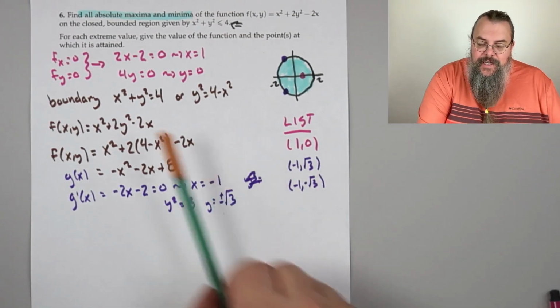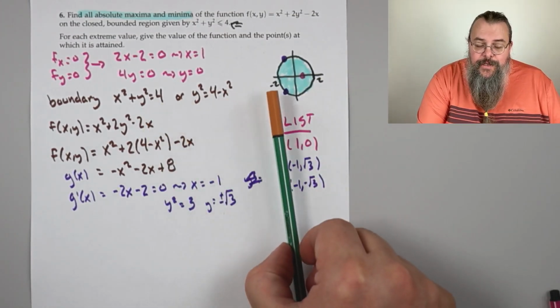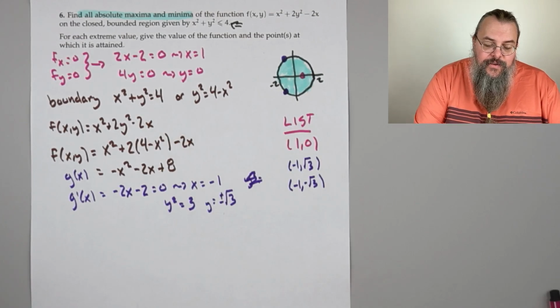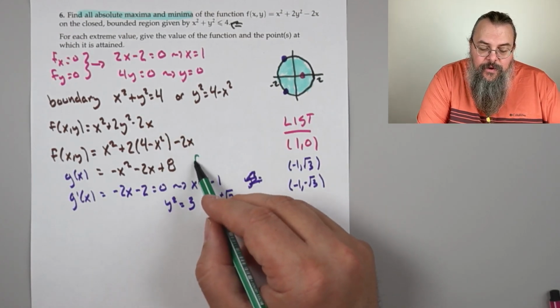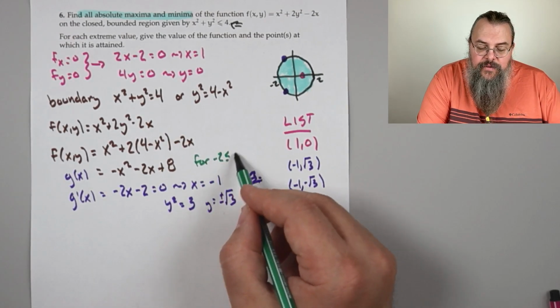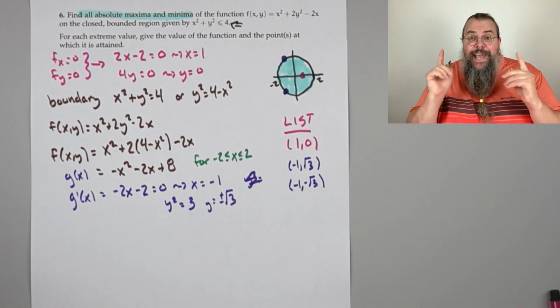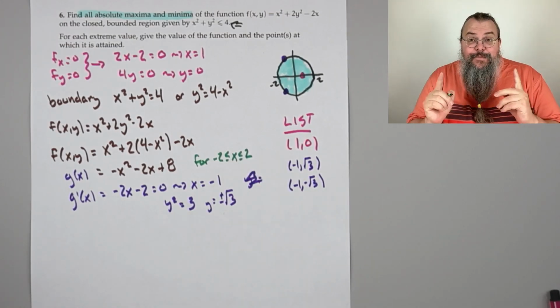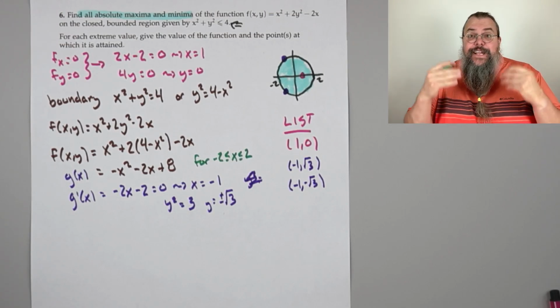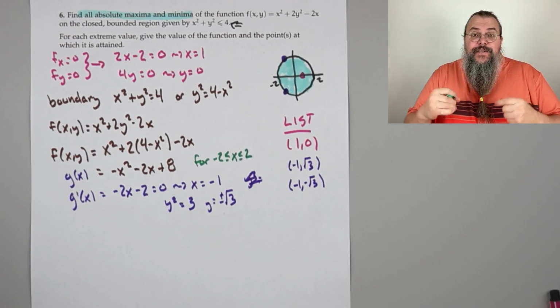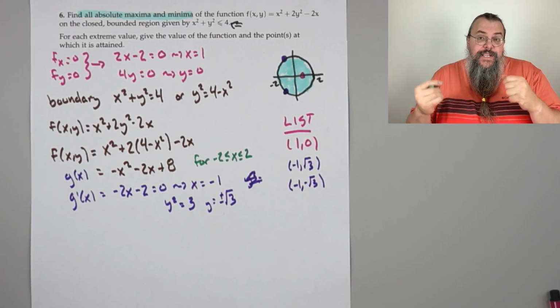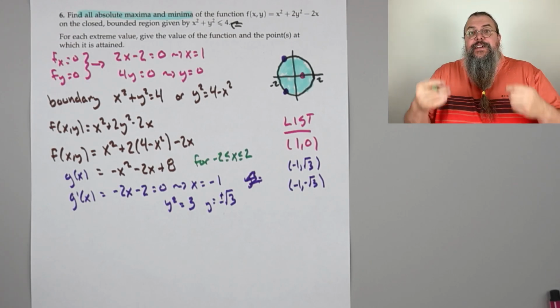It doesn't extend everywhere. It only goes from negative 2 to 2. So here, negative 2 is less than or equal to x, which is less than or equal to 2, which means that you have endpoints, and endpoints always make the list. They're like corners. Corners make the list. When in doubt, be careful and add things to your list.